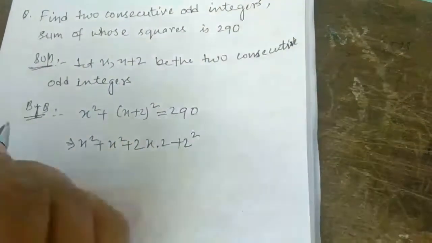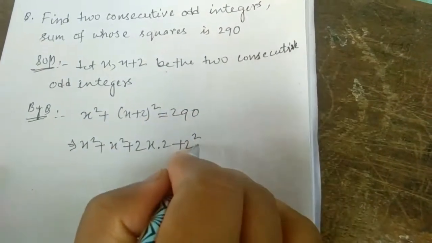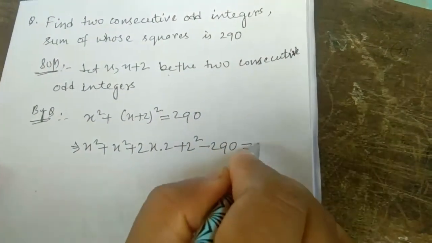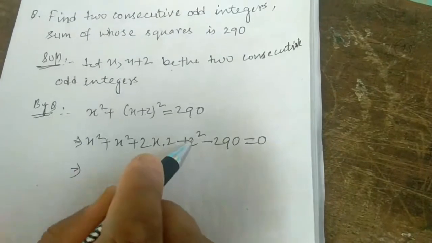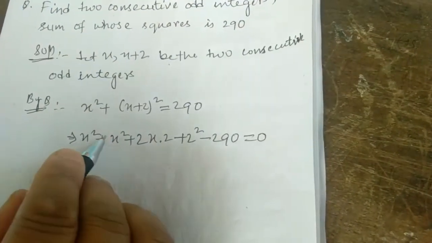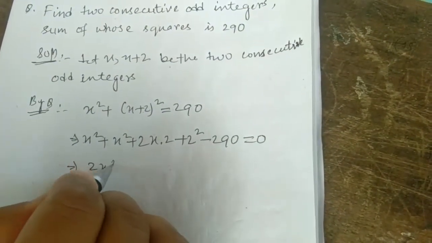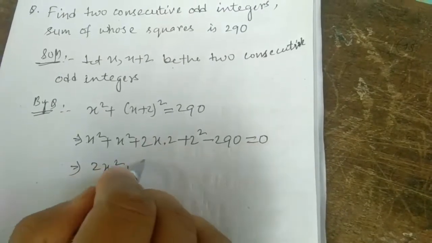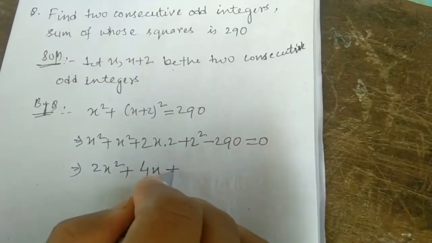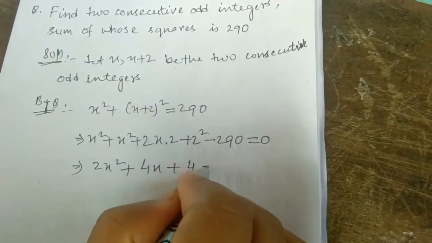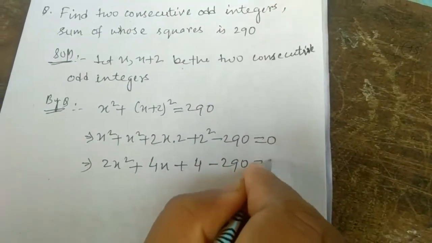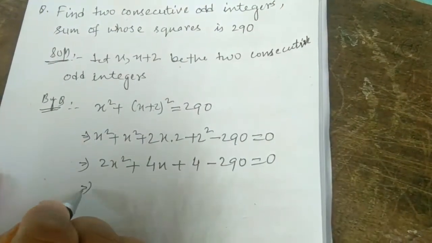Bring the constant term to the left side; it becomes minus 290 equal to 0. So we get x square plus x square plus 4x plus 4 minus 290 equal to 0.